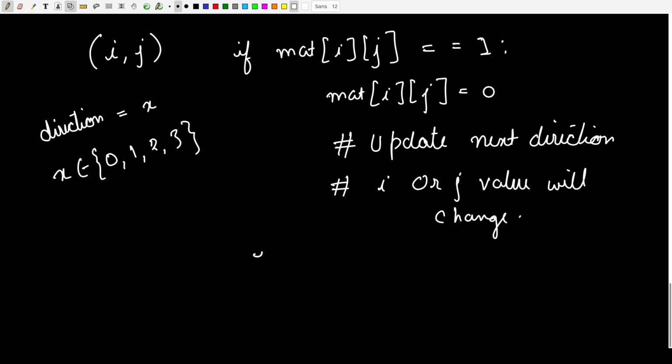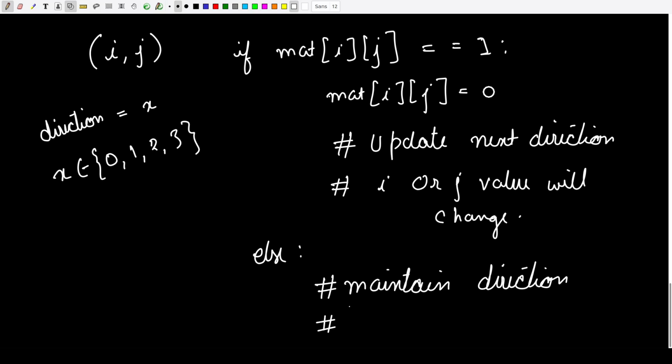Otherwise, the current element of the matrix is 0, in which case we are going to maintain our direction. Even though we are maintaining our direction, over here also our i or j value will change.